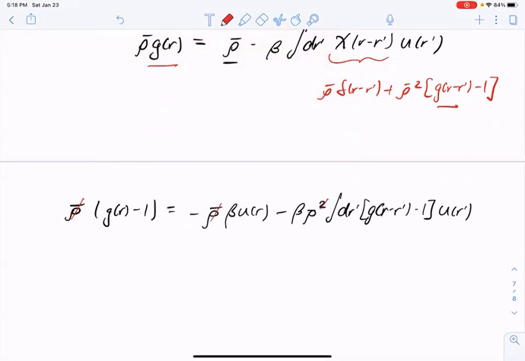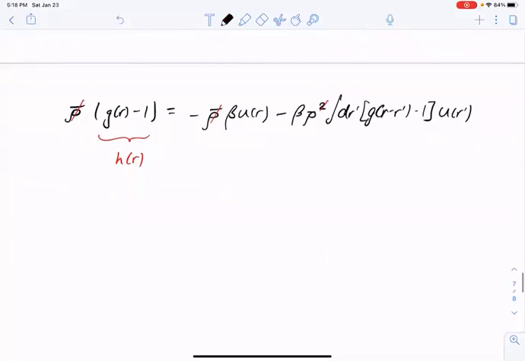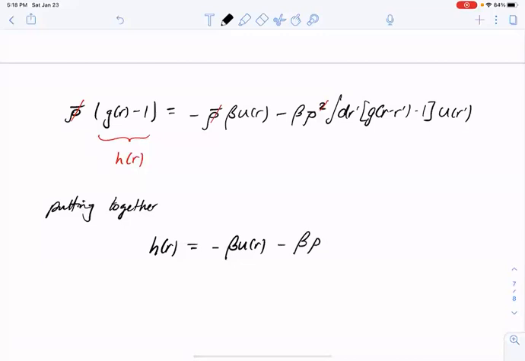And if I also introduce a function h of r as the g of r minus 1, we have h of r is then equal to minus beta u of r, the interaction potential between the ions, minus beta rho integral r prime h r minus r prime times u of r prime.